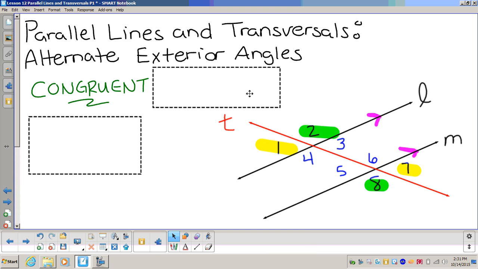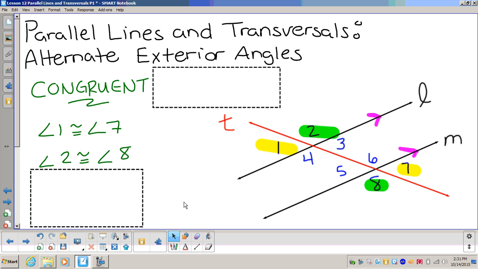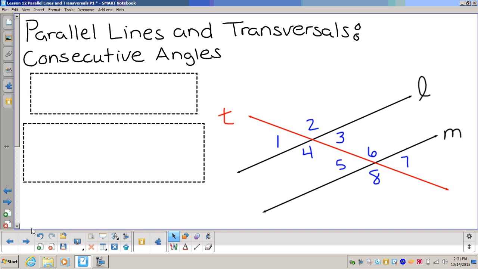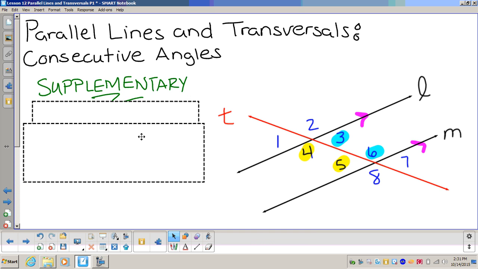Our consecutive angles, if the two lines are parallel, 4 and 5, 3 and 6. If the lines are parallel, then those consecutive angles are supplementary to each other. And remember, way back from earlier in the year, that means that they add up to 180. So angle 4 and angle 5 add to 180. Angle 3 and angle 6 add to 180.